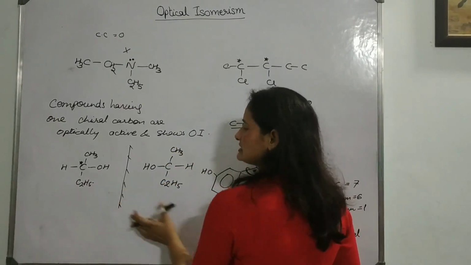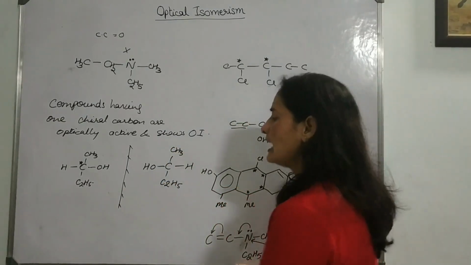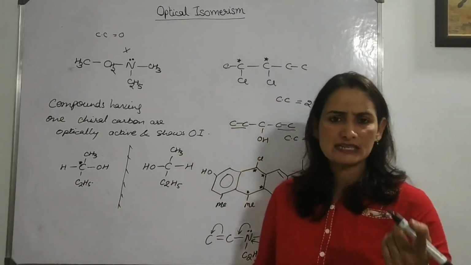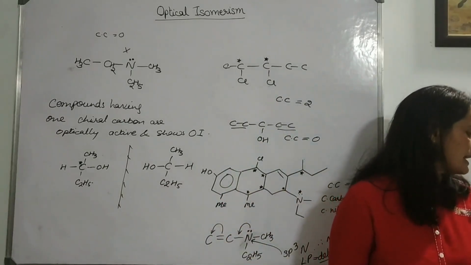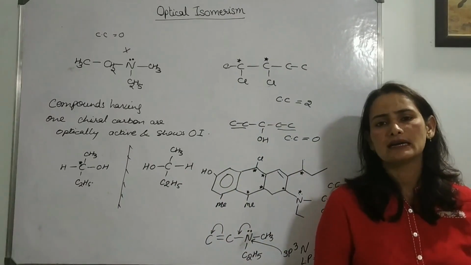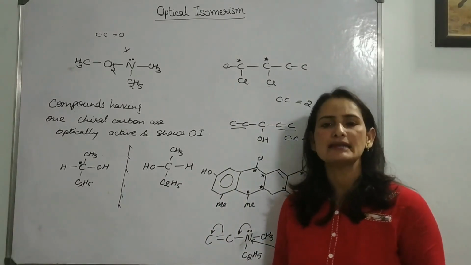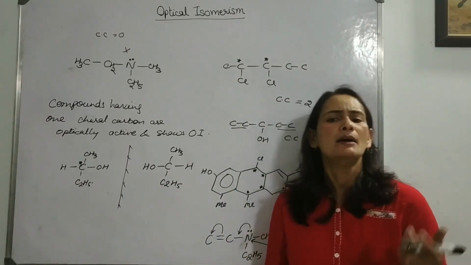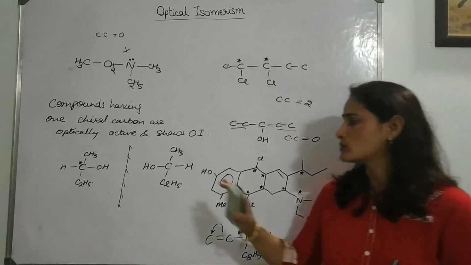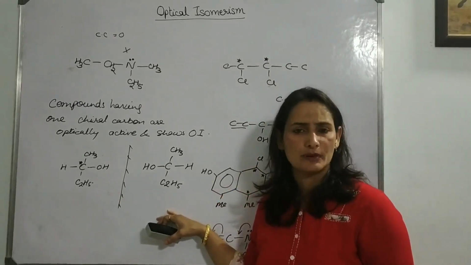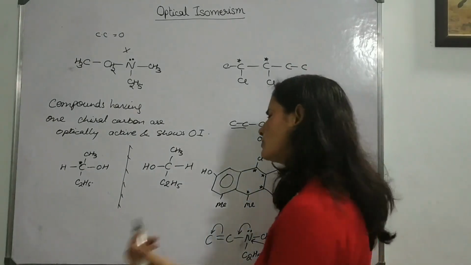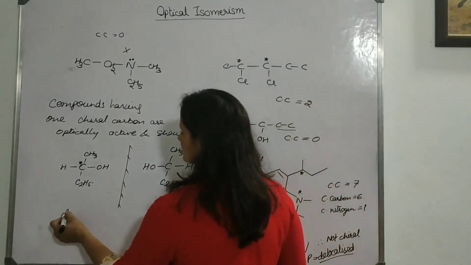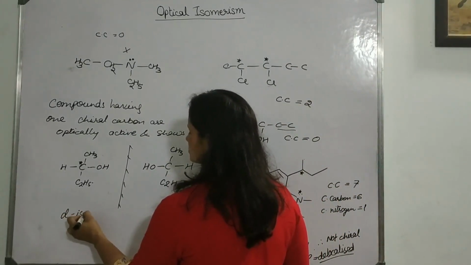Okay, so in this compound you can clearly see out of these two, one will be D isomer, another one will be L isomer. But as I told you earlier, we are not sure which one is the D, which one is the L, but we are very much sure out of the 2 isomers, one will be D, another one will be L. So for your comfort you can write D isomer to 1.